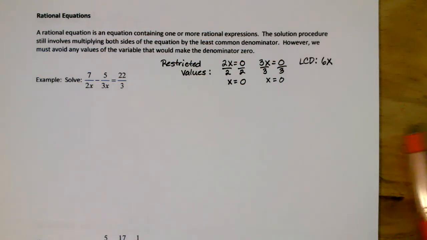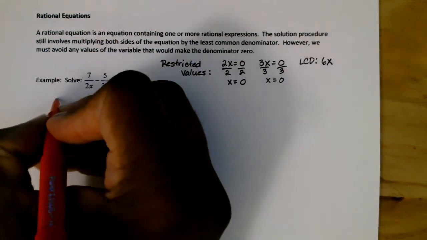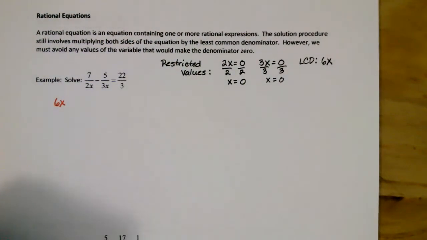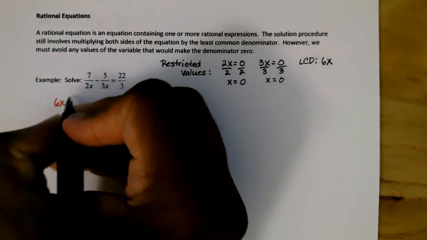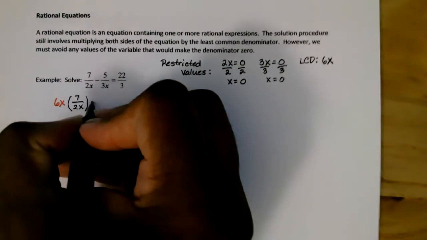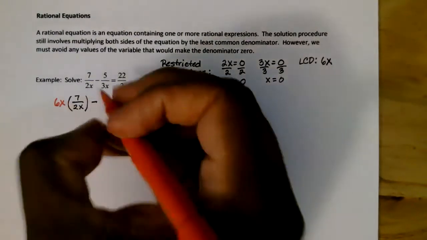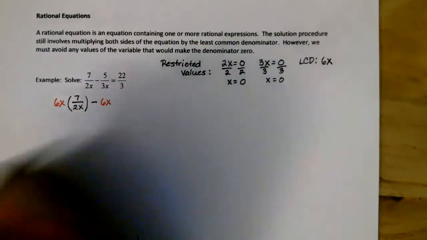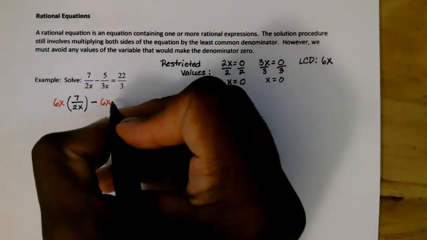So let's start by doing this. The 6x is going to be multiplied by 7 minus 2x, and then minus 6x will be multiplied by 5 over 3x.